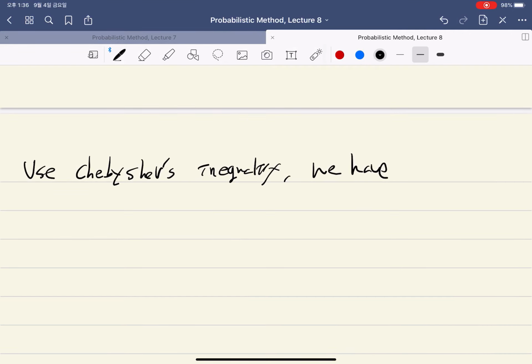We have the probability that M prime is off by delta sub 0.2 times alpha n over k.